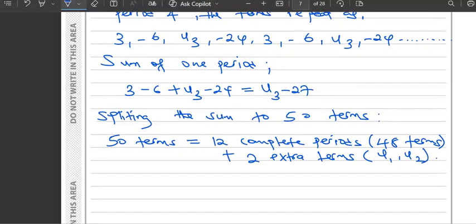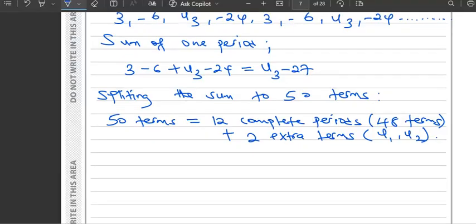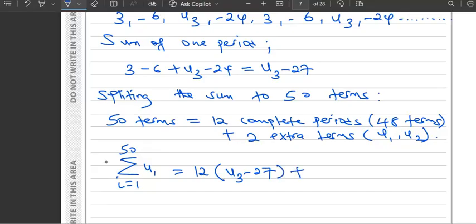Now, if we substitute what we've been given, the sum of the first 50 terms will be equal to 12 times the sum of one period, which is simply u3 minus 27. Then we add u1 plus u2, the first and the second term, so we add 3 minus 6.